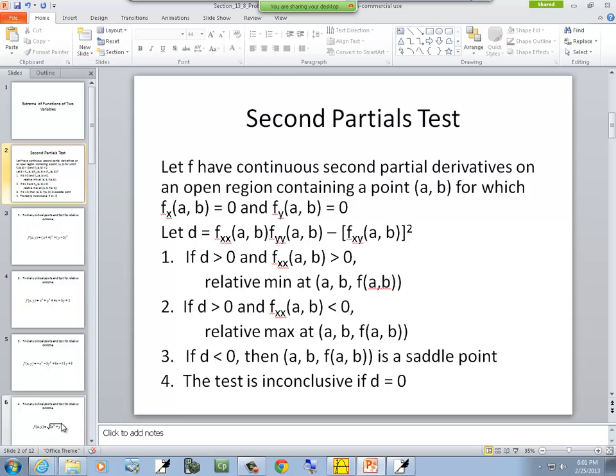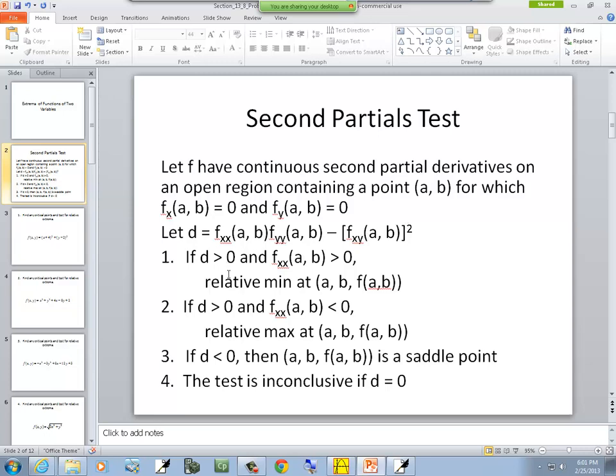Then D is equal to our second partials multiplied together. So we take the partial with respect to x, take it again with respect to x, times the partial with respect to y, take it again with respect to y, minus the partial with respect to x and then with respect to y, squared.